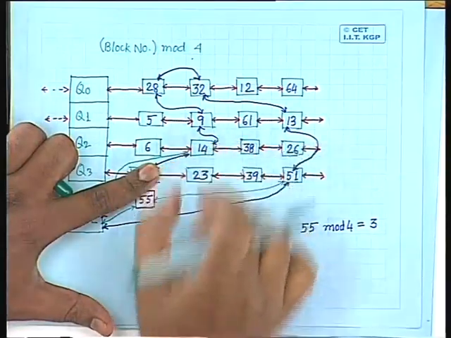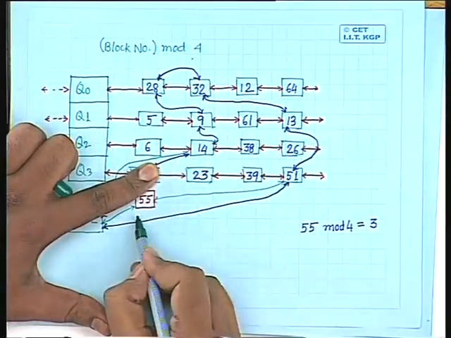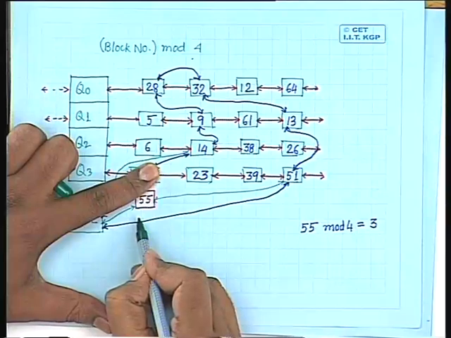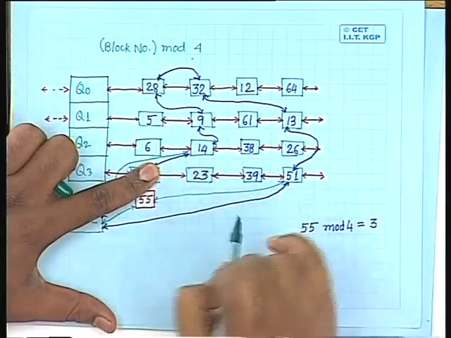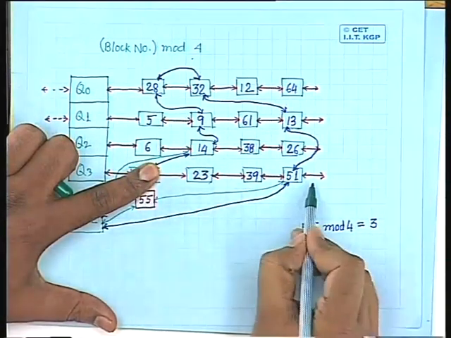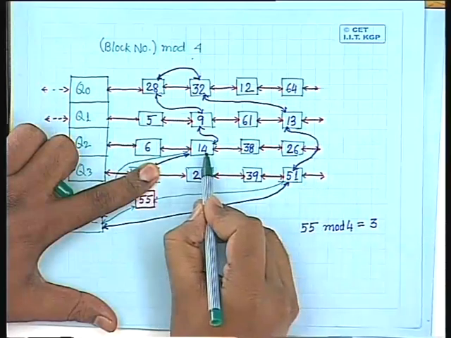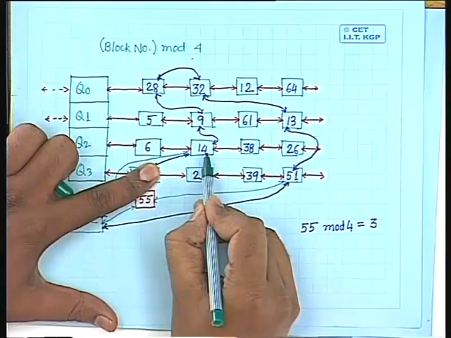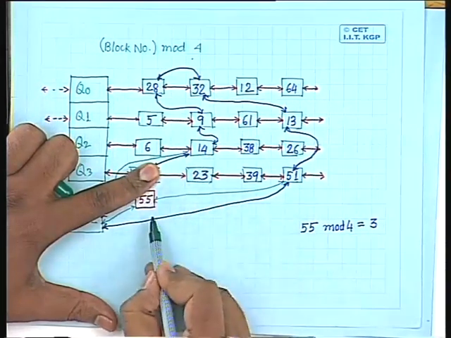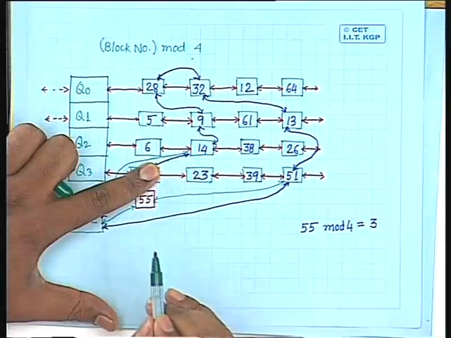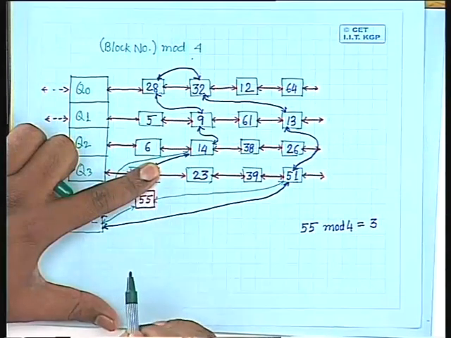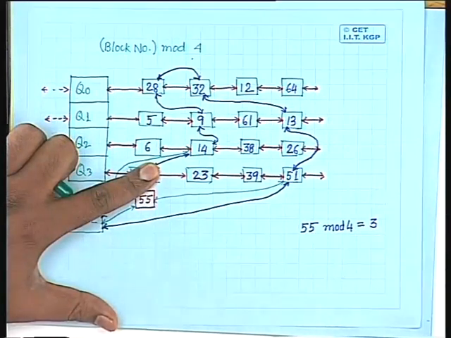So I have to take out the buffer, overwrite this with block number 55. Then when I return it to the hash queue, this has to come to hash queue number 3. It cannot remain in hash queue number 2 anymore. Okay. So the new location of the buffer will depend upon what is the new block number that is contained in that buffer.